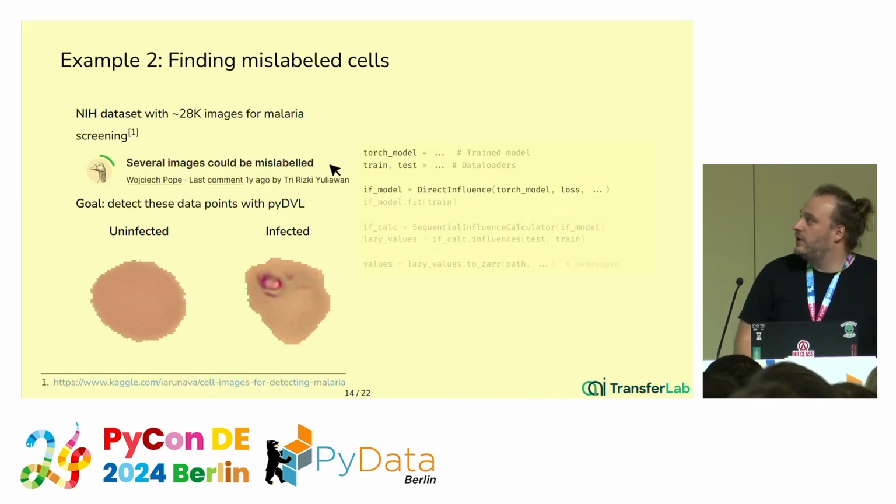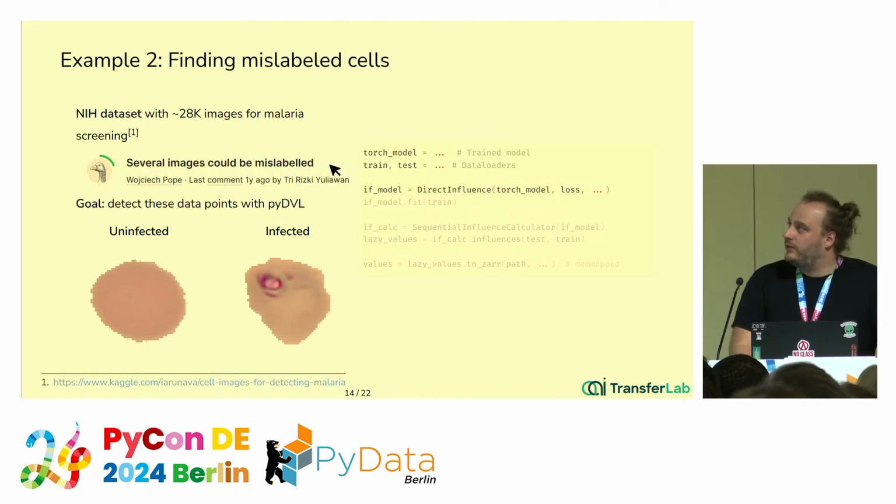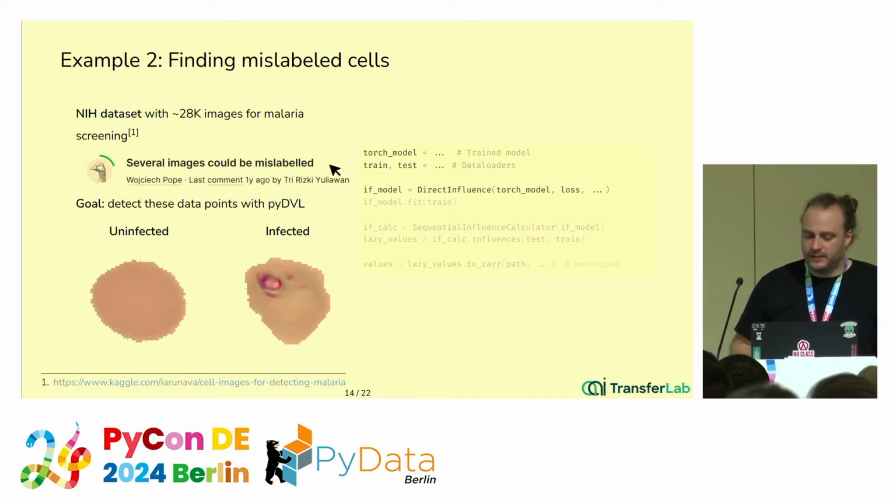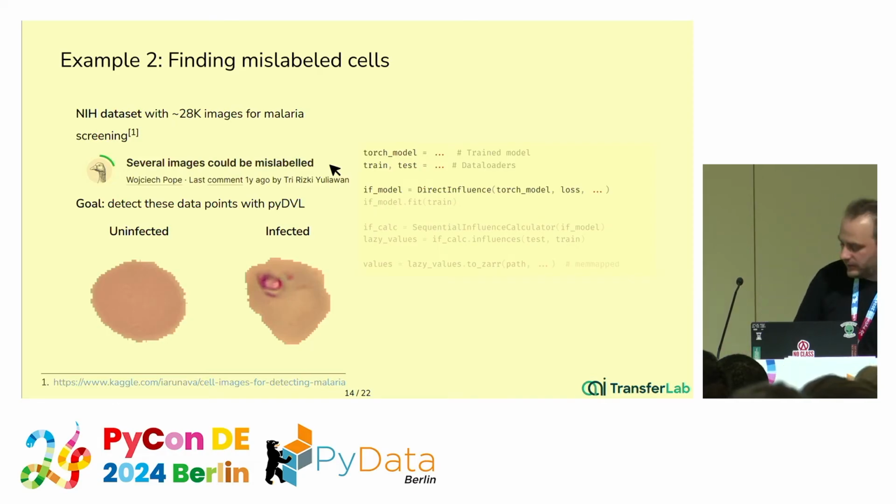So what you do, you have your model. By now it's torch-based, but we would like to include JAX-defined models as well. You normally train your model. You have your test data, and then you define your approximation.